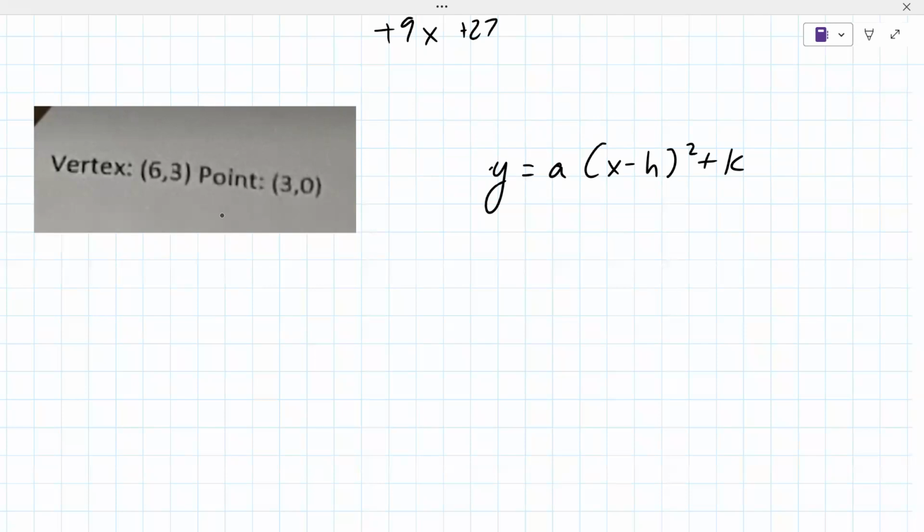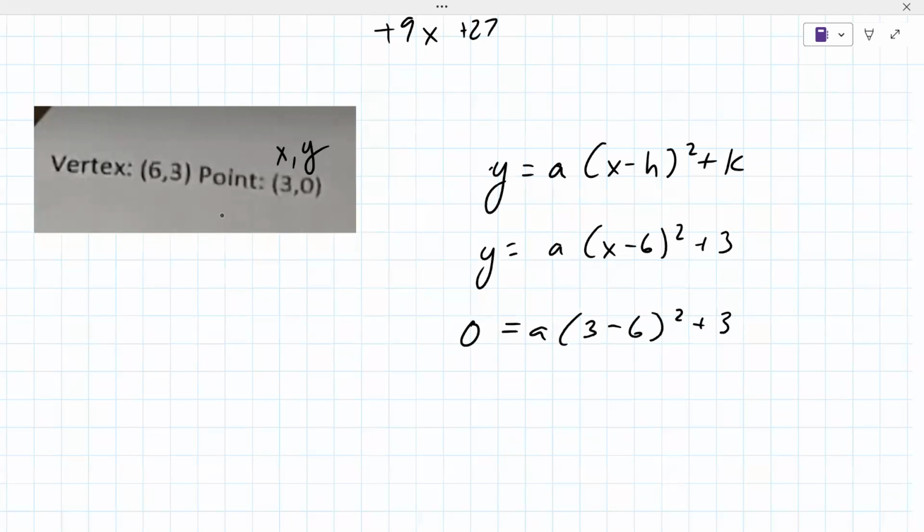Is it x minus 6 squared plus 3? So a times x minus 6 squared plus 3. And then they're giving you an x and a y. So you're putting those in. 0 equals a times 3 minus 6 squared plus 3. Will you try solving that for a for us, please?